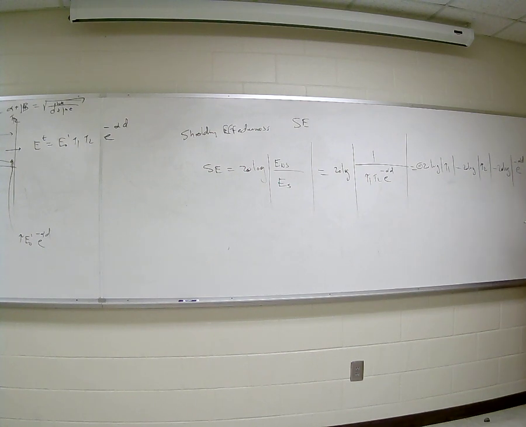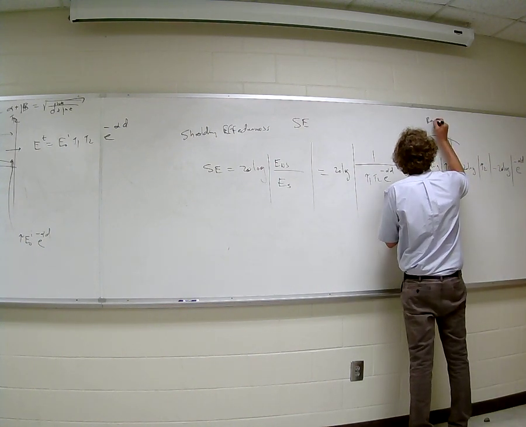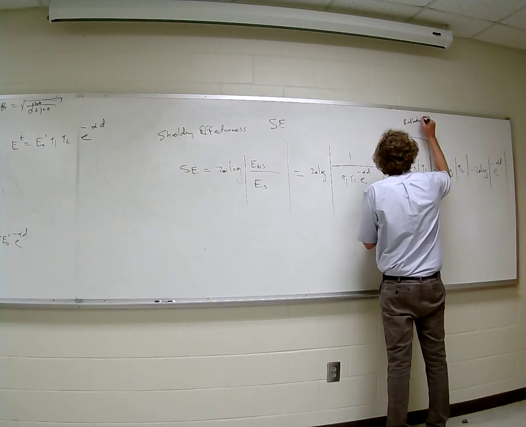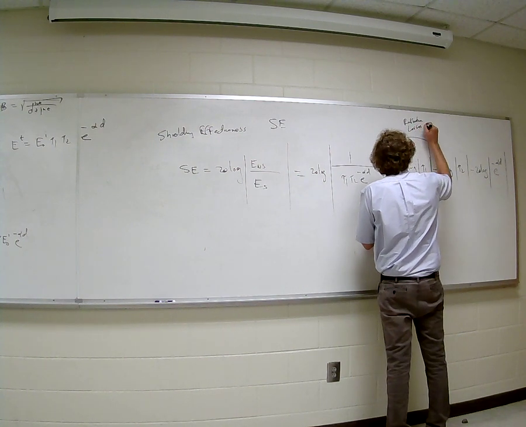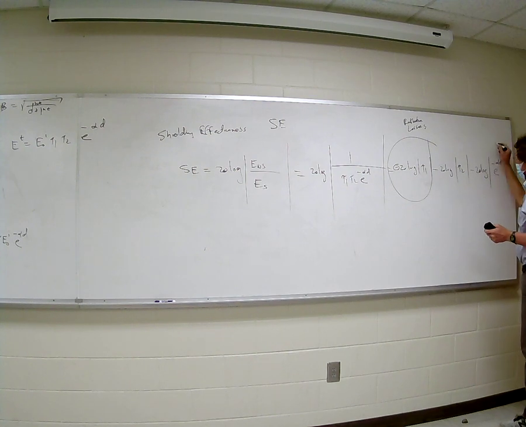Y'all with me? Can you see it okay? I just expanded that 20 log in terms of the arguments. Now this, you can term reflective losses. It's caused by the first reflection. This right there would be attenuation losses.